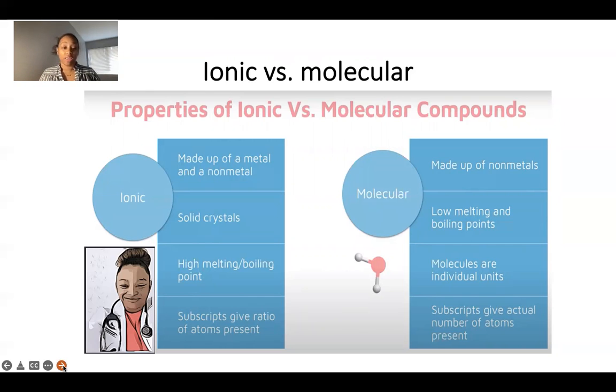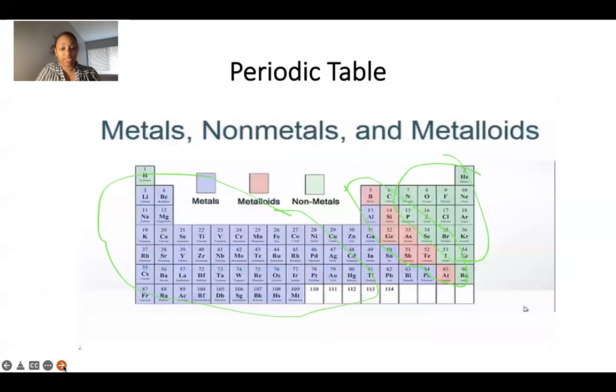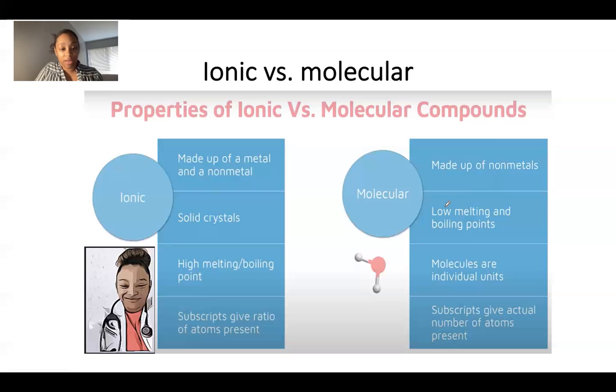Within your periodic table, an ionic compound is going to be made of your metal and non-metal elements, which is a mixture of one element from the left side of your periodic table and one from the right side, right? This is what we're talking about here. So an ionic compound is going to be like sodium and chloride, right? That would be what we call an ionic compound.